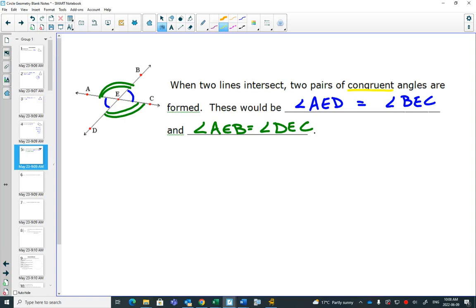Congruent means equal. If things are congruent, they are equal. So sometimes I feel like if I was a math student, I'd be like, if they have the word equal already, why do they go and invent a new word?